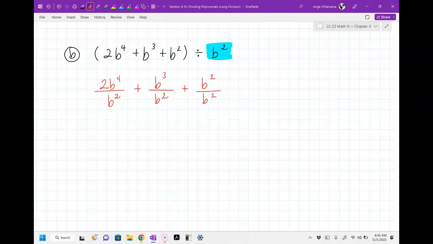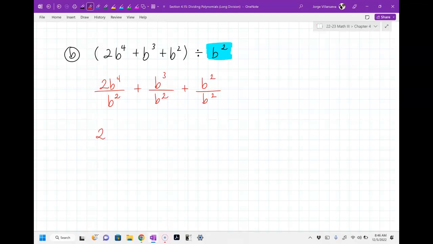Now, notice, am I dividing by any actual number, not letter, on the first portion, the 2b to the 4th over b squared? Am I dividing the 2 by anything? Other than a 1, I guess, if we want to be very specific. No, right? There's nothing dividing the first fraction. I'm not dividing 2 by 2 or 2 by 4. So I'm going to leave it alone.